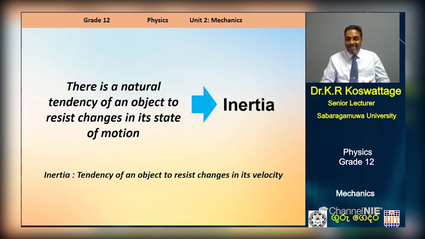So here you can understand, there is a tendency to remain in its existing state. This is a natural tendency. This is so-called inertia. So I can say that an object will keep doing what it's doing, remaining in its existing state.